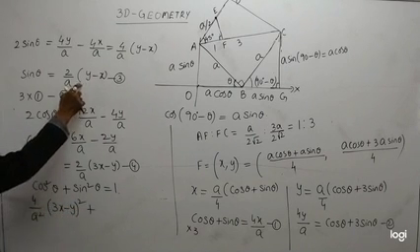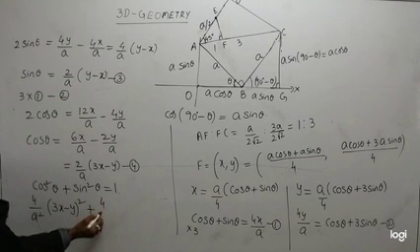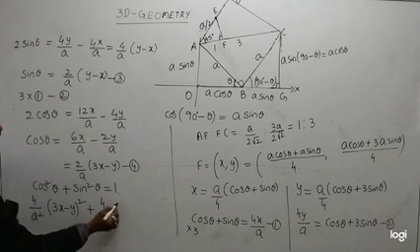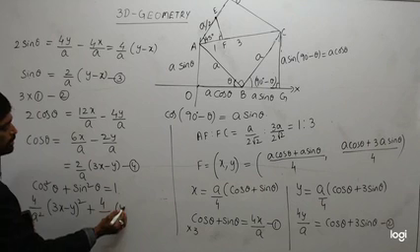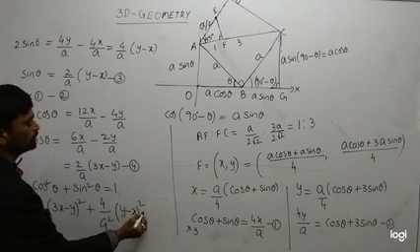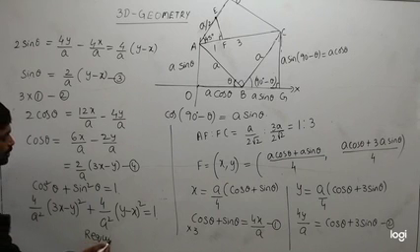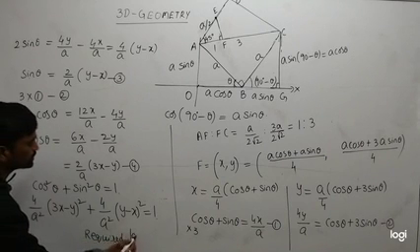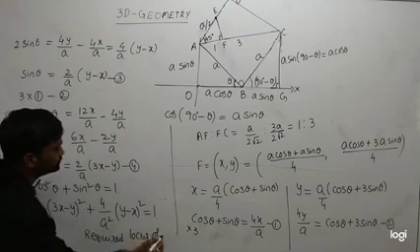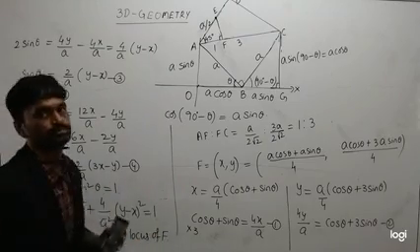Means this quantity whole square, what you'll get? 2 by a whole square is 4 by a square into y minus x whole square is equal to 1. So this is the required locus of F. This is the required locus. Thank you.